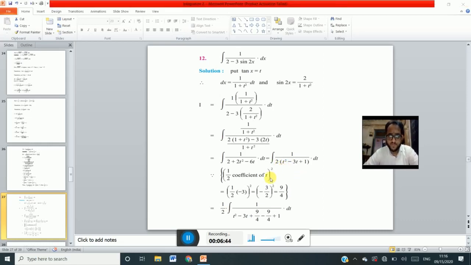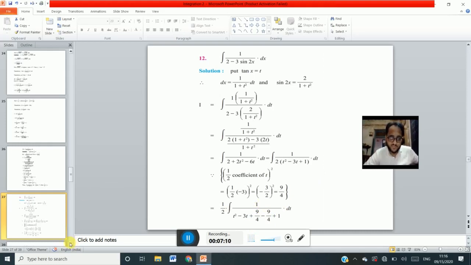Then divide the coefficient of t by 2, or simply half the coefficient of t whole square. Half the coefficient of t is minus 3 by 2, whole square is 9 by 4. Add and subtract this 9 by 4 in the denominator, so what we get is t square minus thrice t plus 9 by 4 minus 9 by 4 plus 1.